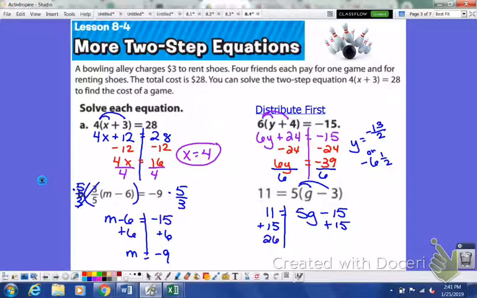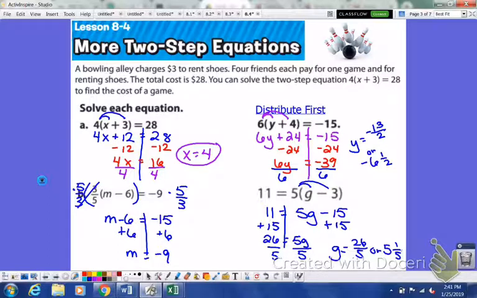So 26 equals 5g. Divide both sides by 5. And g equals, we could say 26 over 5. Or we're going to reduce that down to 5 and 1/5.